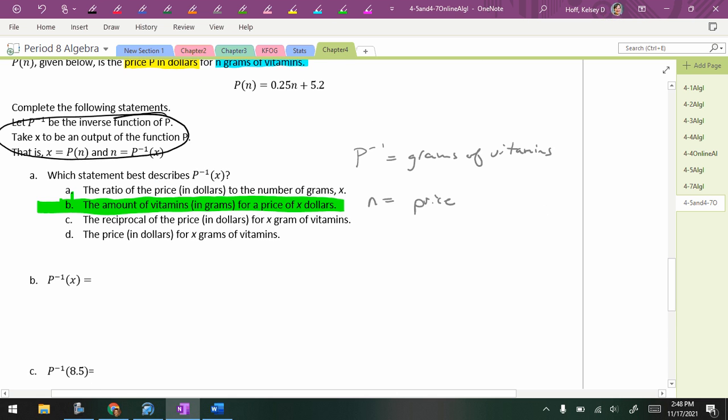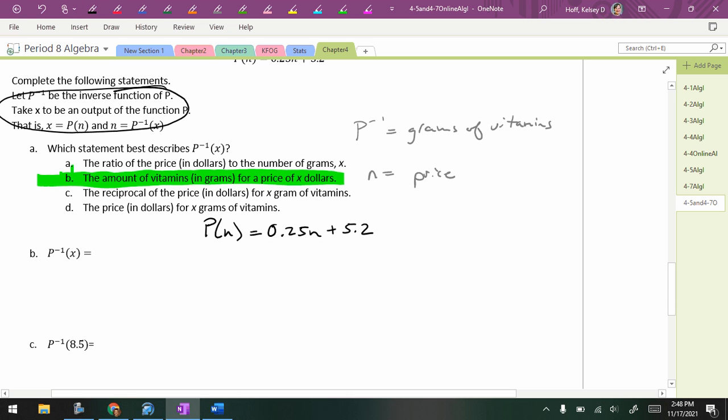Okay, now we got to find the inverse. So I start with P of N equals 0.25 N plus 5.2. Step 1. Yep, so Y equals 0.25 N plus 5.2. So N equals 0.25 Y plus 5.2.